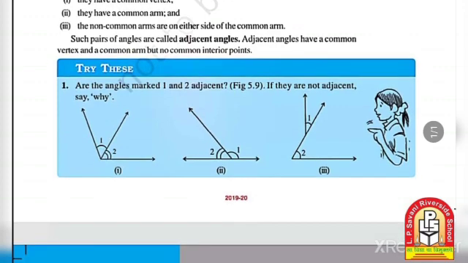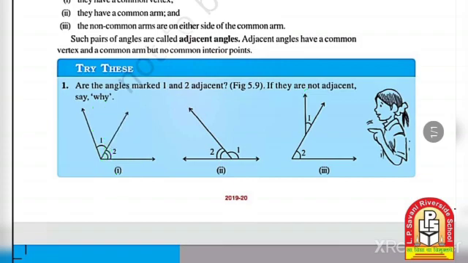In this figure, first, are the angles marked 1 and 2 adjacent? You have to see whether 1 and 2 are adjacent or not. If they are not adjacent, say why they are not adjacent. Here you can see that this is the common vertex, and this is the common arm between the two angles, and no other point is common.